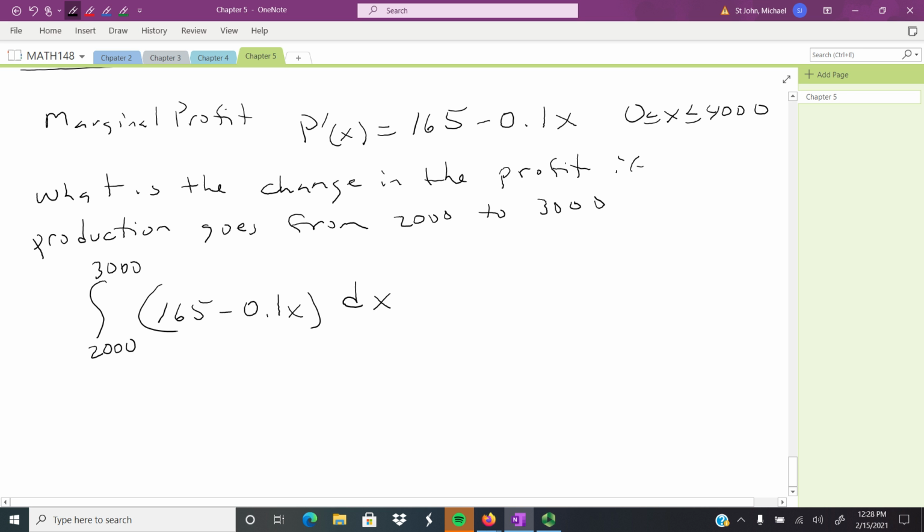So if we integrate this, it'll be 165x minus 0.1x squared over 2, evaluated from 2,000 to 3,000.